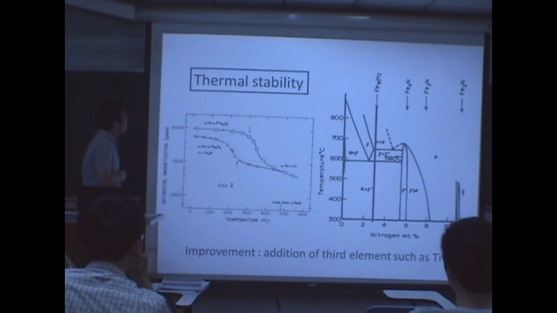To improve the thermal stability, one dopes a third element such as titanium to form titanium nitride, which stabilizes the alpha double prime up to 700 degrees Celsius.